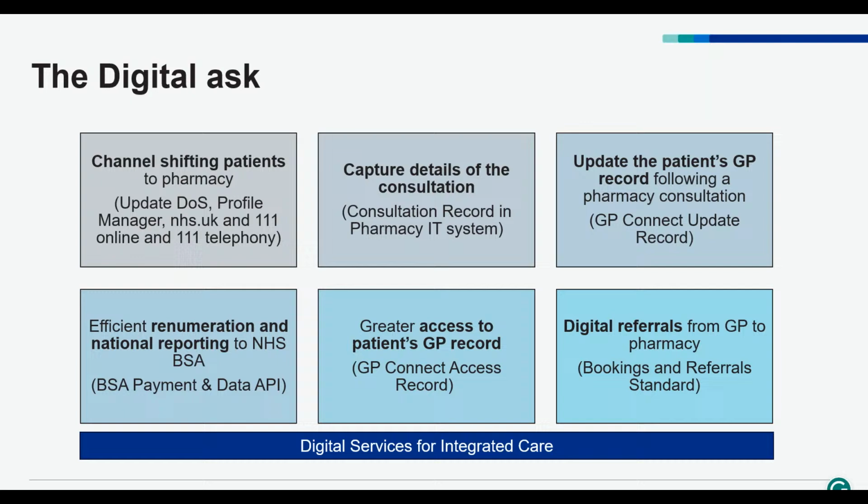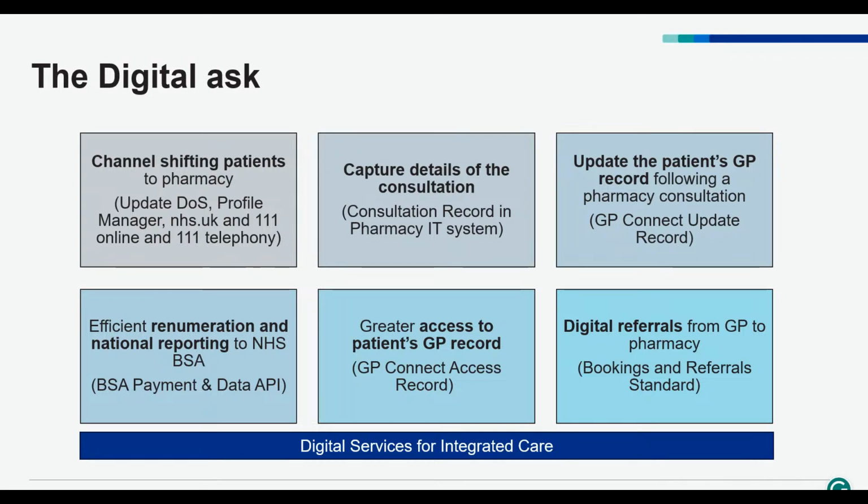Not only is some of that data for the consultation record in terms of what's needed from a clinical perspective, but as you can imagine, there's a lot of data and reporting that we want out of the service, particularly to monitor things like antimicrobial resistance, because there is a risk that patients may be able to access antibiotics more easily, and that's something that we need to keep an eye on.